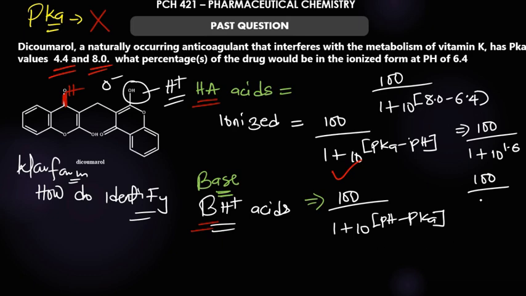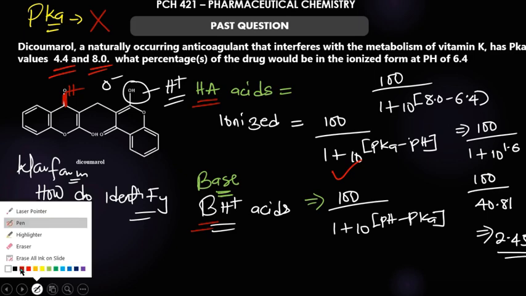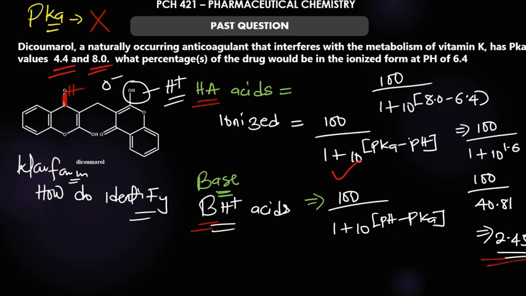Plus 1 will give us 40.81. When you divide 100 by 40.81, that gives us 2.45%. Is that okay? So that's basically how to solve this question. Kind of very easy, right? Now let's see the next one.